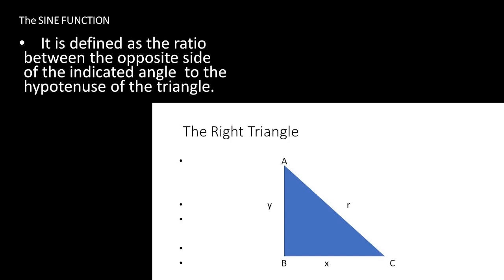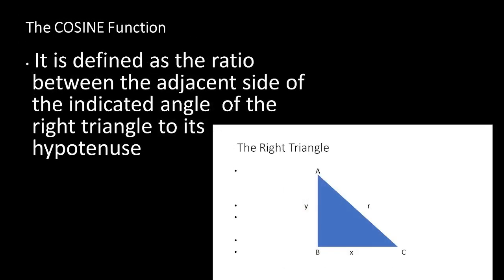So if we are after this acute angle A, sine of A would be equal to the opposite side X over the hypotenuse R, so X over R. For the sine function of the acute angle C, that will be equal to the opposite side, so Y divided by R. So we are through with the sine function.